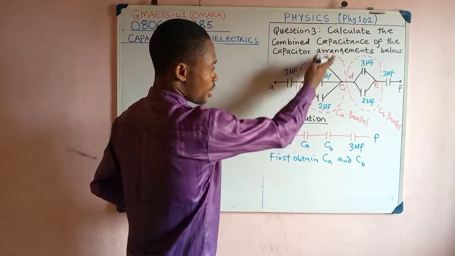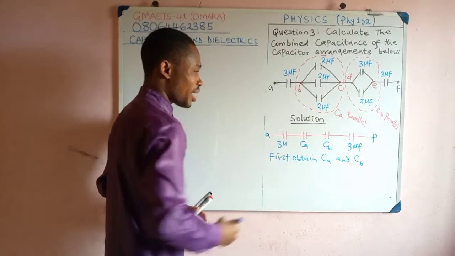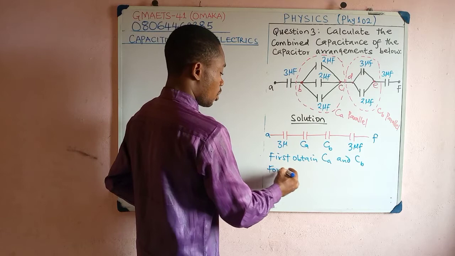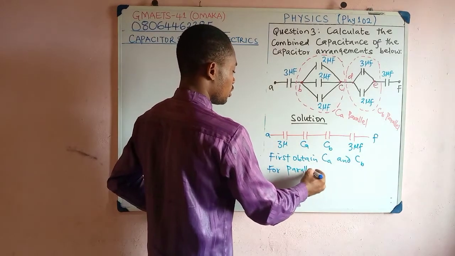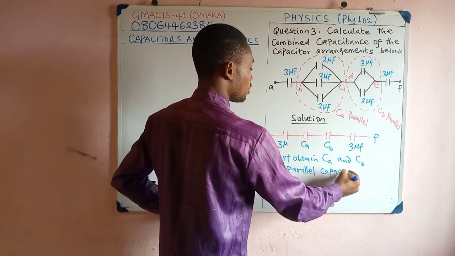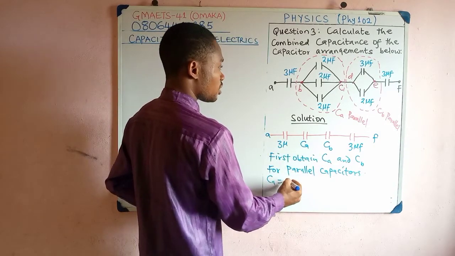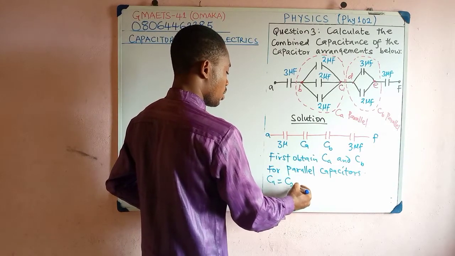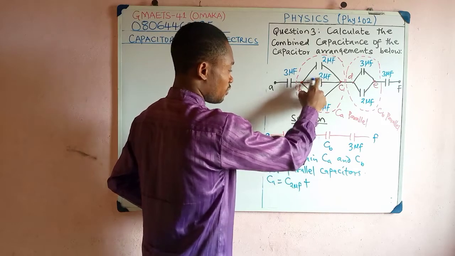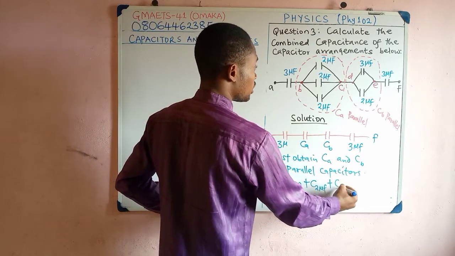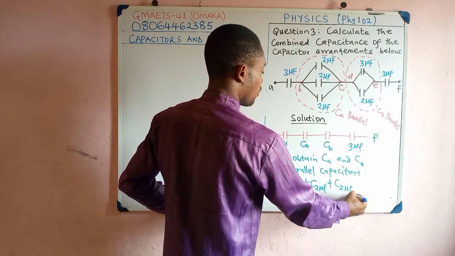Now you know that for CA, look at it. CA will have parallel capacitors there because they are in parallel. So for parallel capacitors, CA is going to give us the capacitance of the 2 microfarad plus that of this 2 microfarad plus the capacitance of the other 2 microfarad.